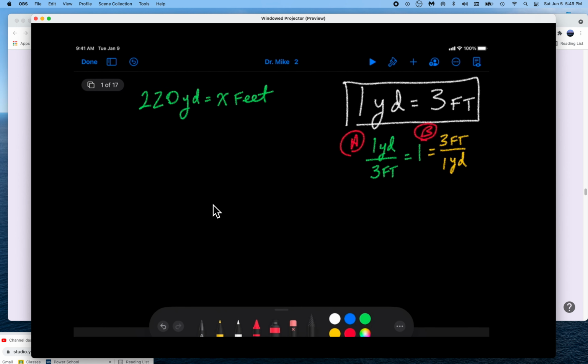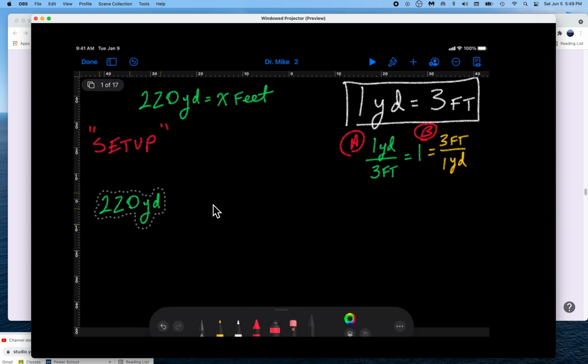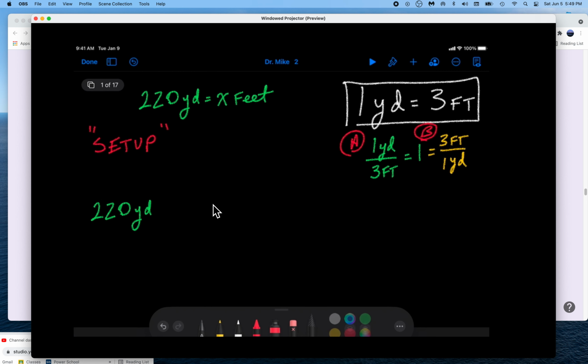Now we're going to do what I call the setup. Here's your setup. You take what they give you. Put it over here, including the units.